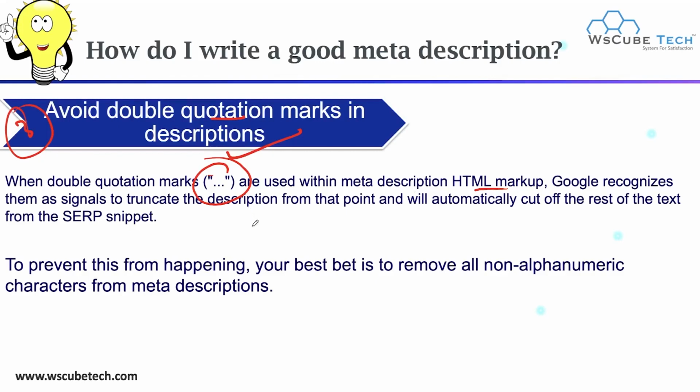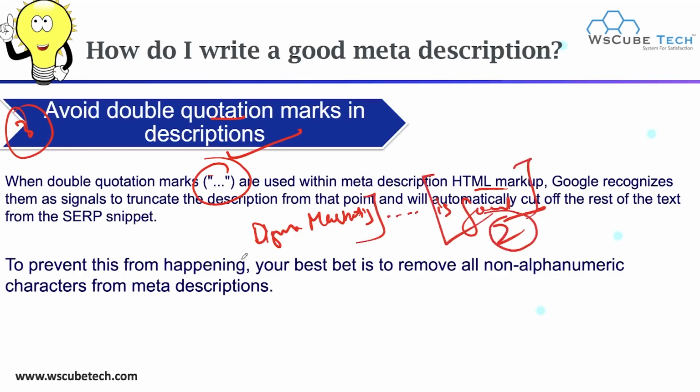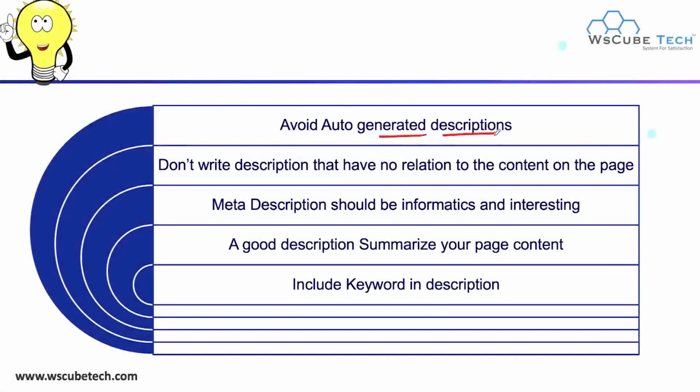For example, if you simply mention something like digital marketing, quote, is good, Google will consider that this is your first sentence and this is your second sentence. It will automatically cut the rest and only show you this content in your search engine result page snippet. To prevent this from happening, your best bet is to remove all the non-alphanumeric characters from your meta description.